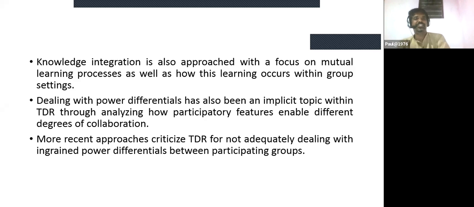Dealing with the power differentials has also been an implicit topic within transdisciplinary research, through analyzing how participatory features enable different degrees of collaboration. You see, somebody was yesterday asking me a question, why there was no kind of resistance or response from minorities when the Rama Janmabhoomi Puja, this Ayodhya's Puja, was taking place.